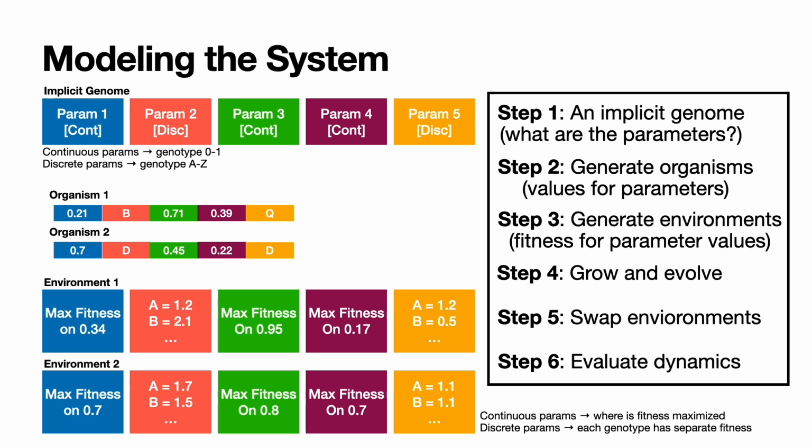And so then we grow and evolve our organisms in each of these environments, and occasionally we switch environments and we evaluate the dynamics of what's happening. And the dynamic we're particularly interested in here is the ratio of beneficial to deleterious mutations.